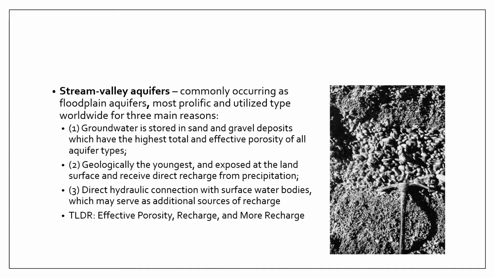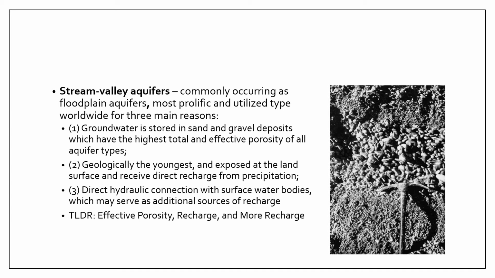First is that these aquifers mostly involve sand and gravel deposits, and sand and gravel, as you may know, typically have a high interconnected porosity, or what we call effective porosity, which allows them to transmit a lot of water and store a lot of water at the same time.